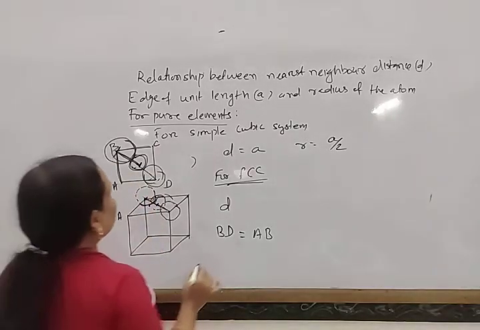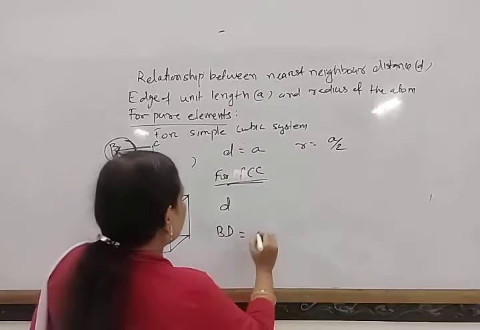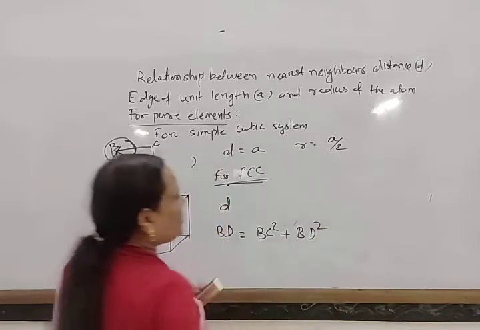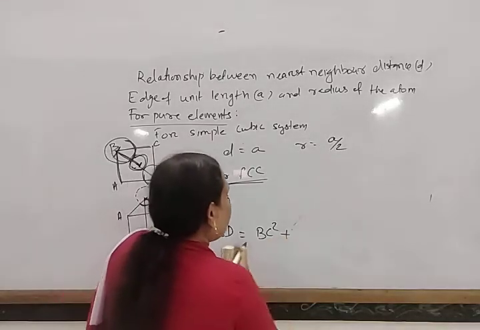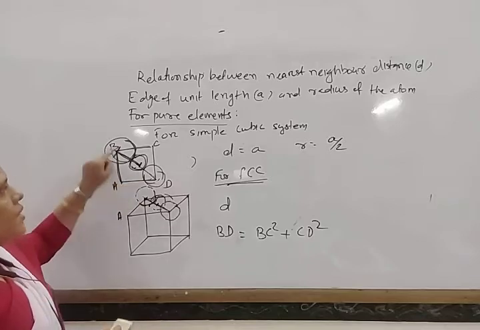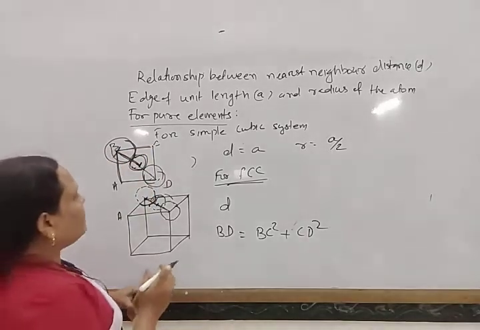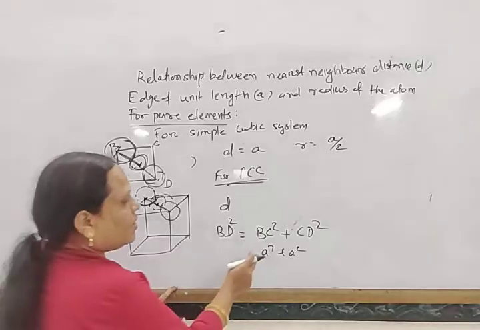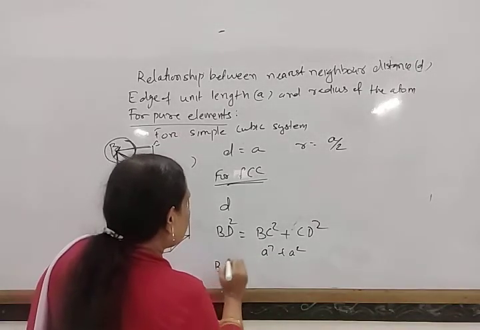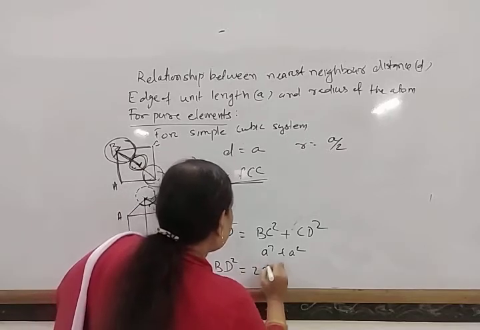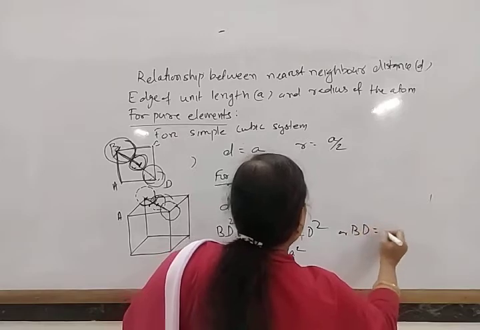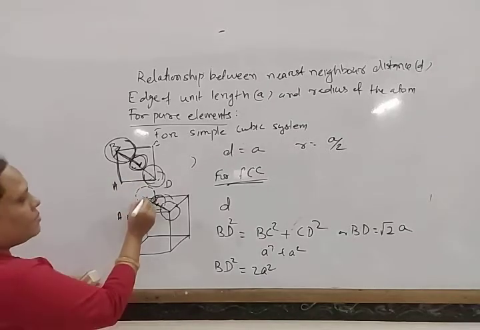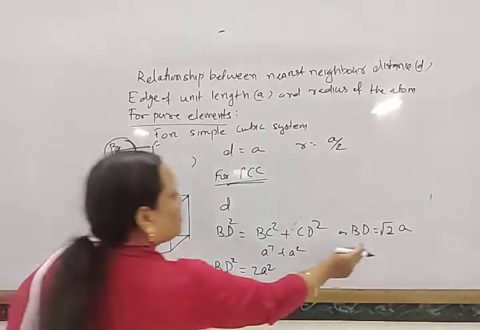BD square equals BC square plus CD square, which is A square plus A square, so BD square equals 2A square, or BD equals root 2 A. So from this to this distance is root 2 A.